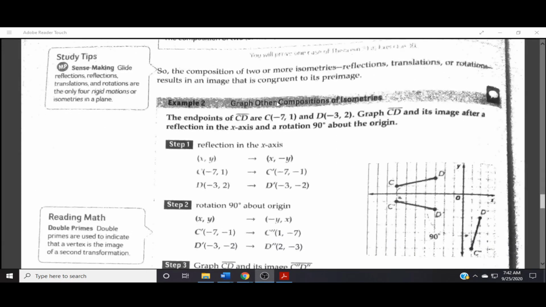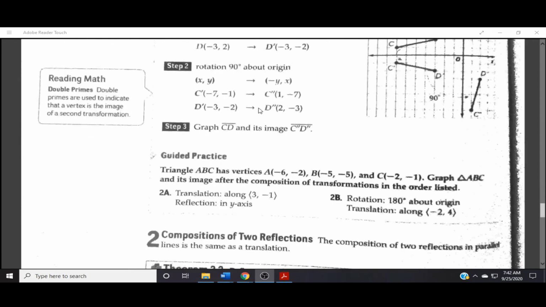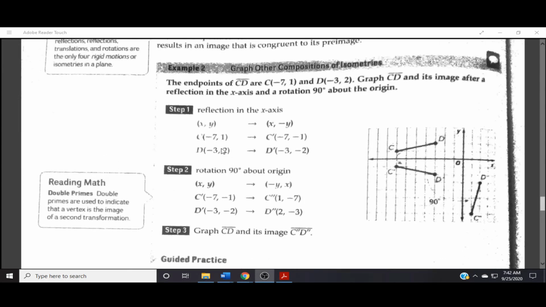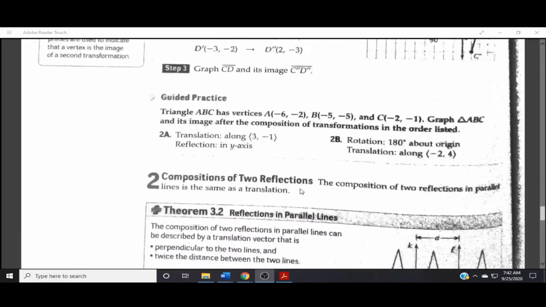In this example, these two points of this line are reflected on the x-axis and then rotated. If you reflect and then rotate, you would be able to find the single transformation that goes from our original to our newest.